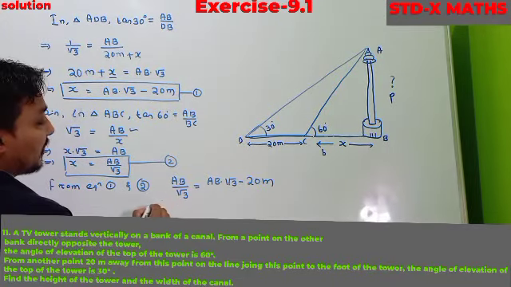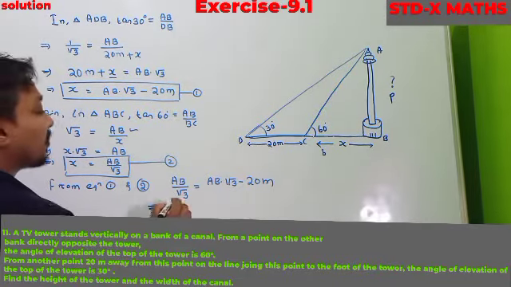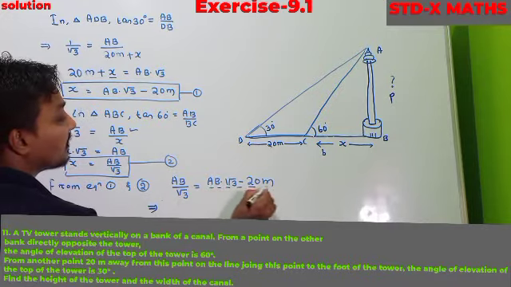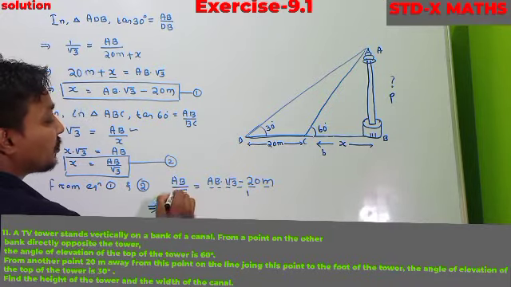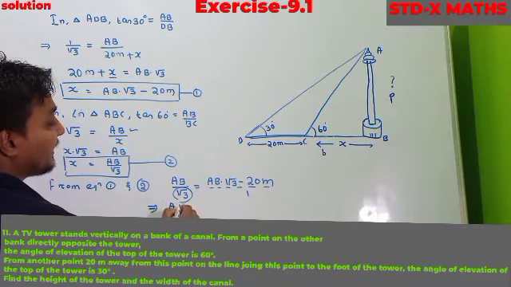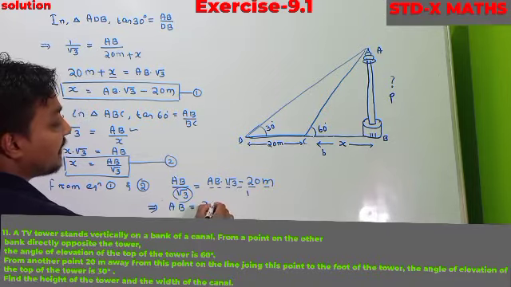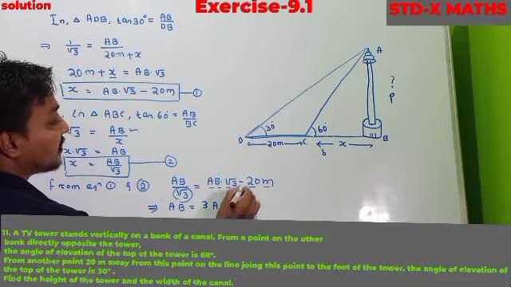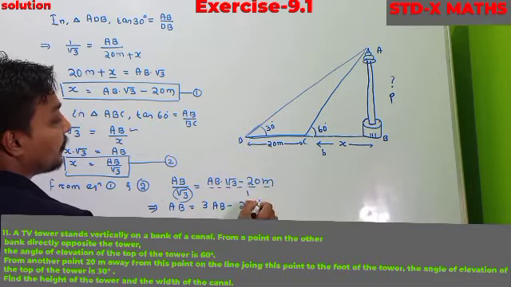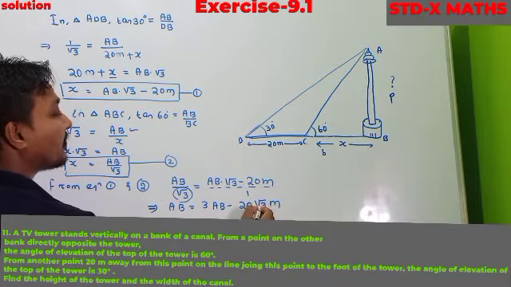On doing the cross multiplication, the denominator being 1, root 3 is multiplied with all the terms, so AB equals 3AB minus 20 root 3 meters.